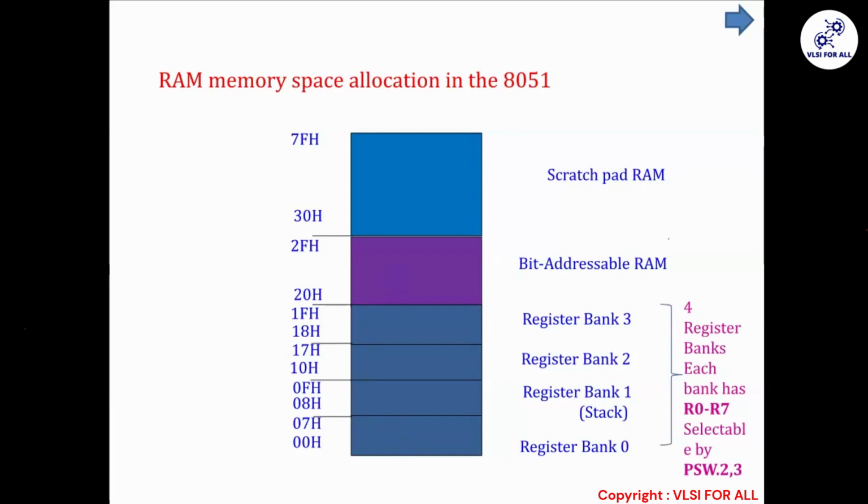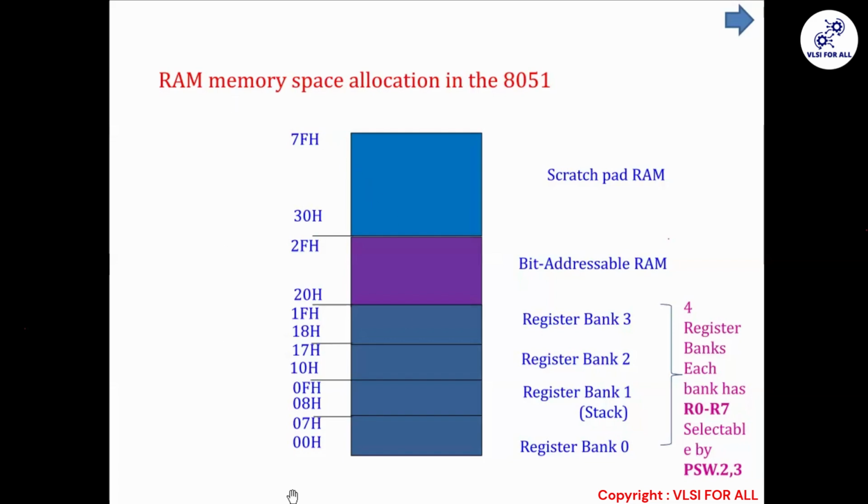Try to draw it and give locations to it. From 0000, each location represents how many bits? 8 bits. Then 0001, and that way it will go on increasing up to FFFF, which means 4K. Try to convert it later on. So that many 8-bit locations make up the ROM.